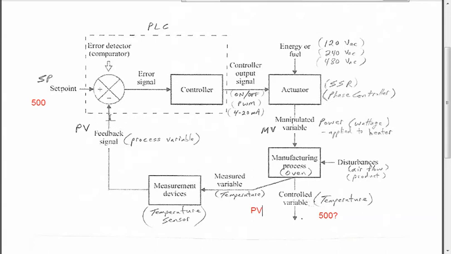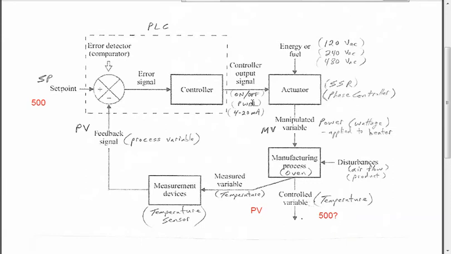So if this process variable is less than the set point, the error signal that's generated is going to be a positive number. And that's going to tell the controller, we need some positive action, we need to do something, and the controller output signal, whether it's an on-off signal, it would basically be turn on in that case, or if it's a pulse width modulation signal, it would probably go full blast if you're pretty far away from where you want to be.